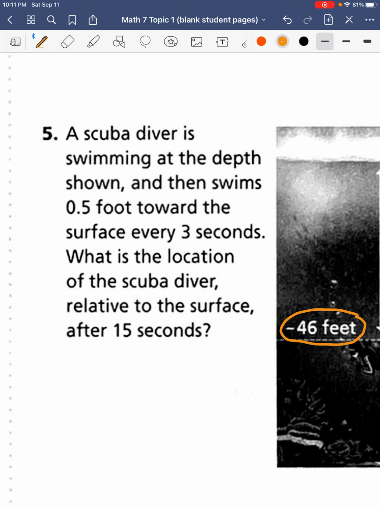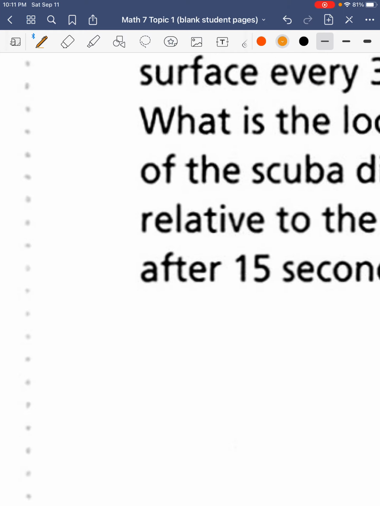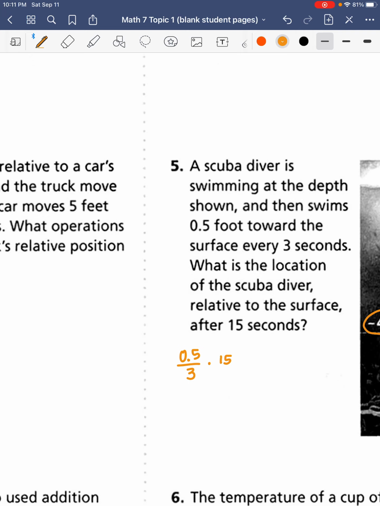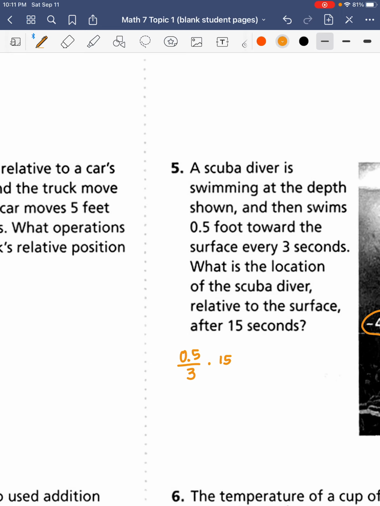So I'm first going to divide 0.5 divided by 3. Okay, but then I'm going to multiply that times 15, and that's going to tell me how far he swims up in 15 seconds. Now, here I have a fraction multiplied with a whole number.